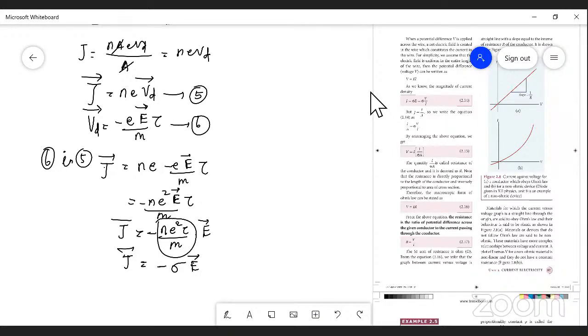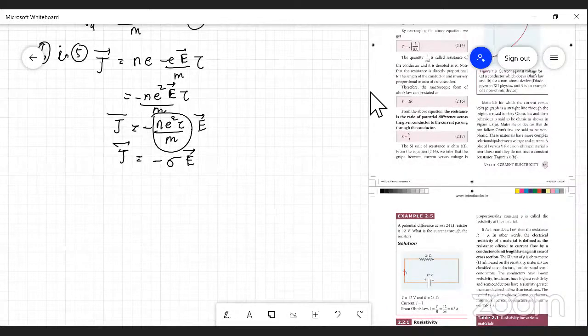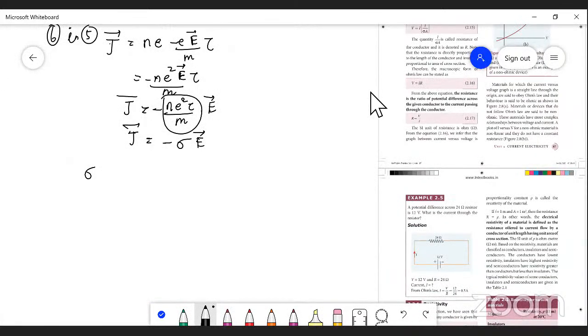And what is this sigma? Sigma is called conductivity. Sigma equals N E square tau divided by M. This is called the conductivity of the metallic conductor.